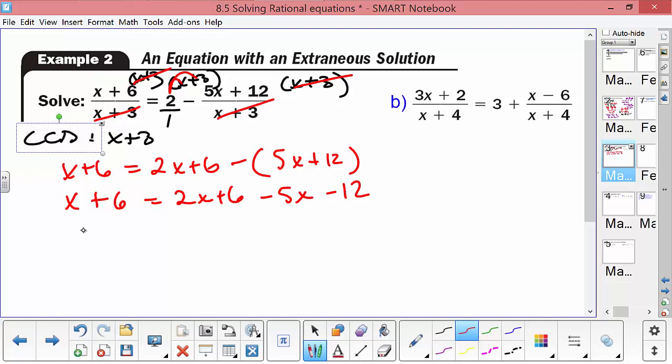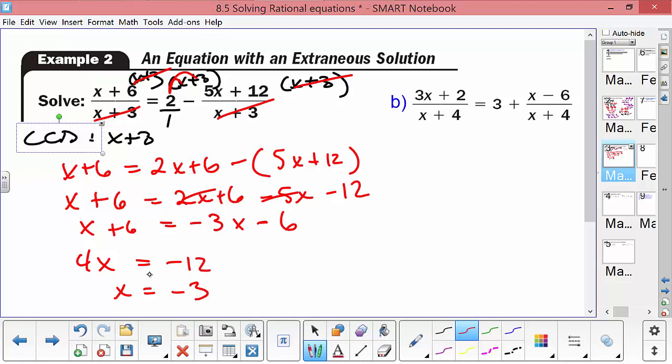Then we have x plus 6 is equal to negative 3x and negative 6. I get 4x is equal to negative 12, and x is equal to negative 3.